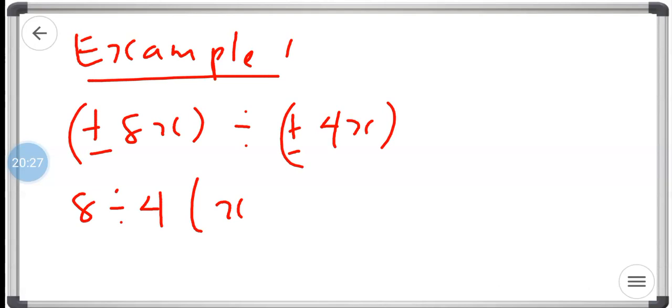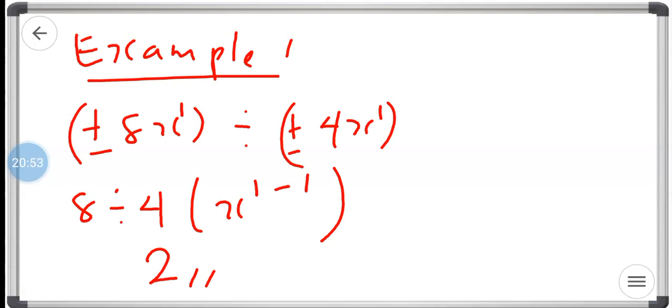Don't forget that here it has a power of 1, and here as well, a power of 1. So that'll be 1 minus 1. Now 8 divided by 4 is 2. Then x raised to 0, and x raised to 0 is 1. So 2 times 1 is 2, and 2 is our final answer.